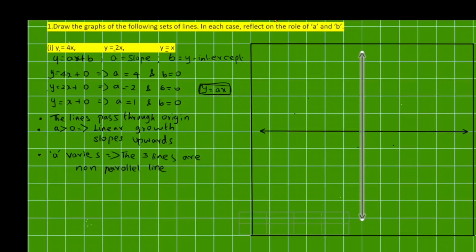This is my y-axis. So write x dash, positive side of x, negative side of x, and y dash, positive side of y and negative side of y.